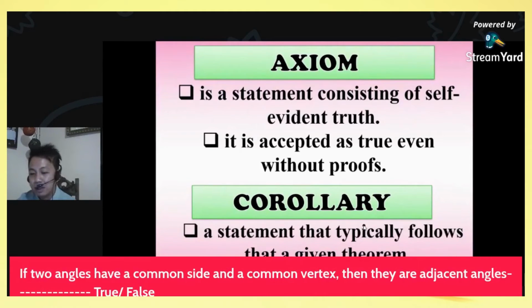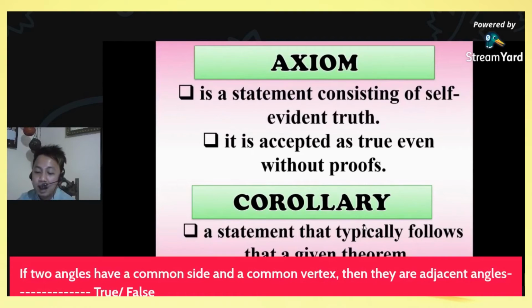A corollary is a statement that typically follows a given theorem. For example, if two sides of a triangle are congruent, then the angles opposite these sides are also congruent. That is the definition of an isosceles triangle.